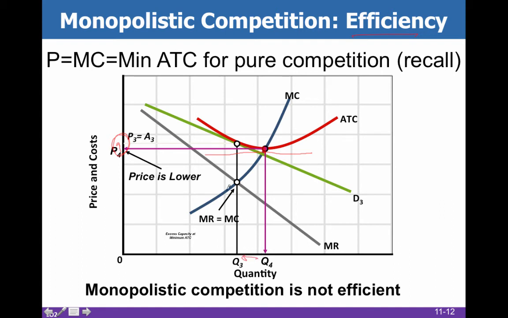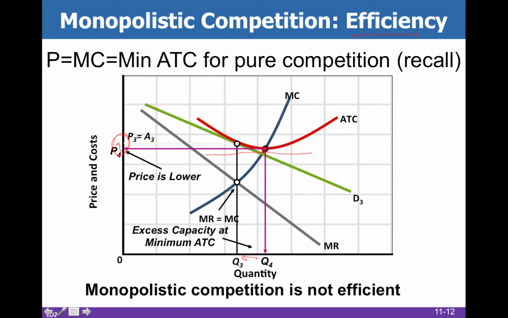Just like monopolies, higher price, lower quantity, though the difference is a little less significant because of the gently downsloping demand curve that comes from the highly elastic products. So once again, inefficiency gives us lower quantity and higher price.